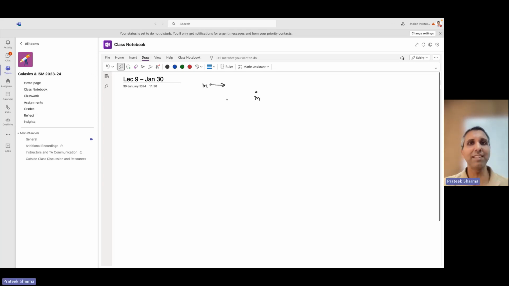We considered a star of mass m, and because of the attraction between these two, the trajectory of this one is deflected by some angle. It has a velocity v. One approximation I've made is to assume this mass m is at rest.